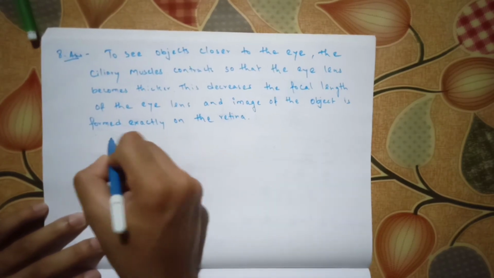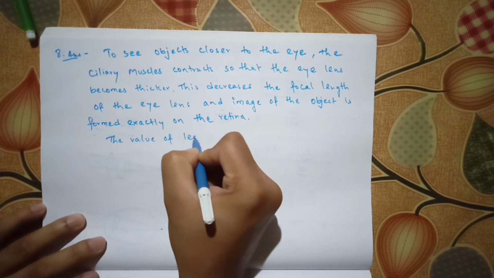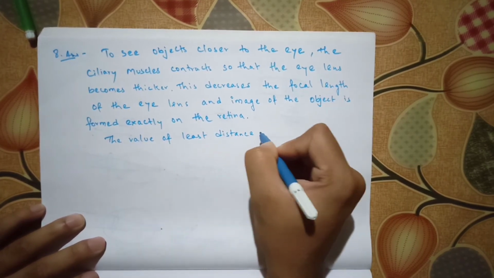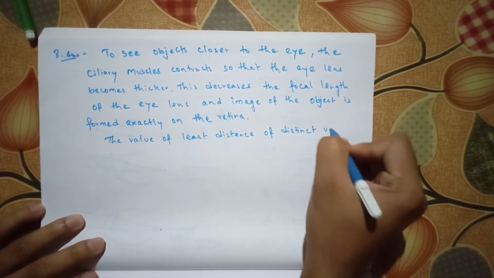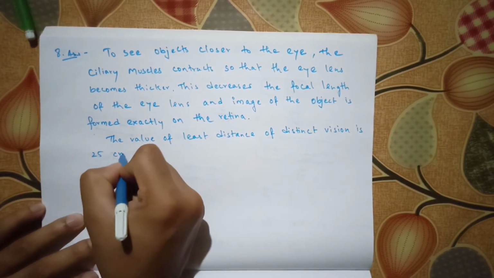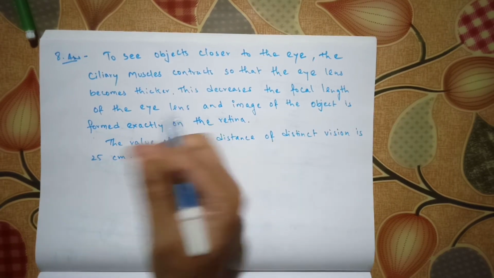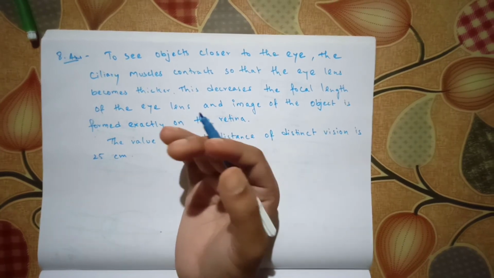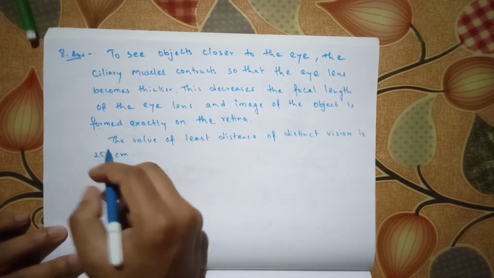Now the value of least distance of distinct vision is 25 centimeter. However, the focal length of the eye lens cannot be decreased below a certain limit. So we are not able to see clearly the objects placed closer than 25 centimeter.